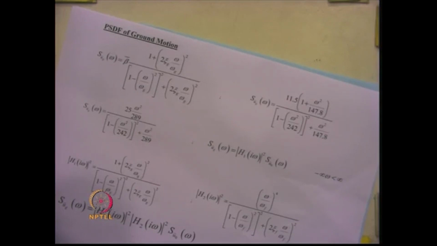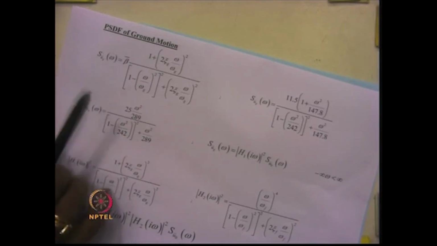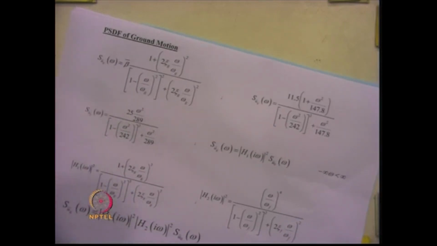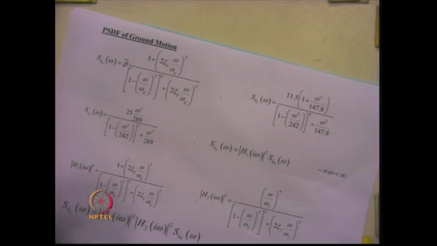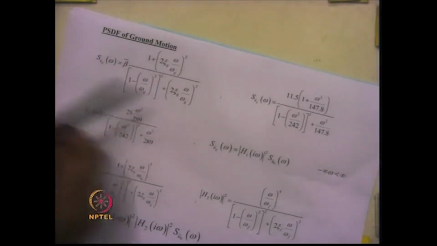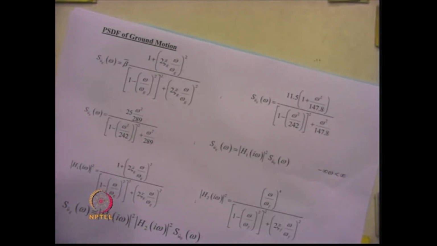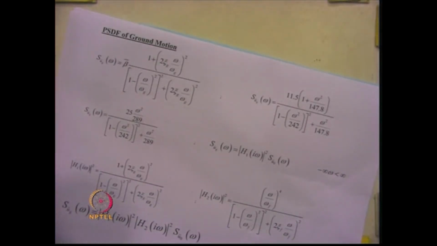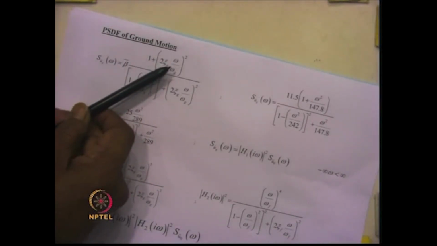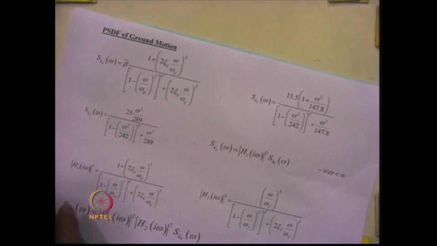Next, predictive relationships were obtained for power spectral density function of ground motion, and there are several such expressions which are available. Now, one can see that this is expressed in terms of the ratio of omega by omega g, where omega is the frequency against which we plot the power spectral density of ground motion.